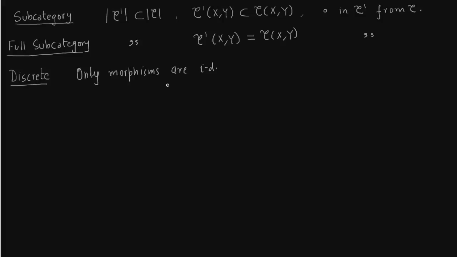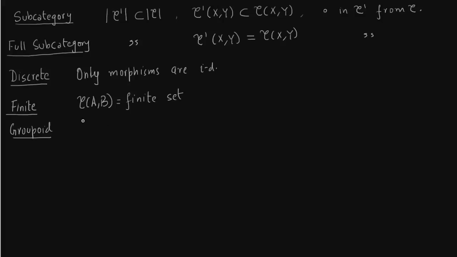A category is finite if the family of all morphisms in C is a finite set. So the family of all arrows in C, where A, B could be any objects in C, form a finite set. They are anyway a set, but they form a finite set.